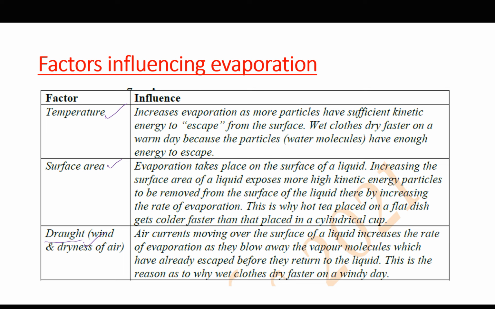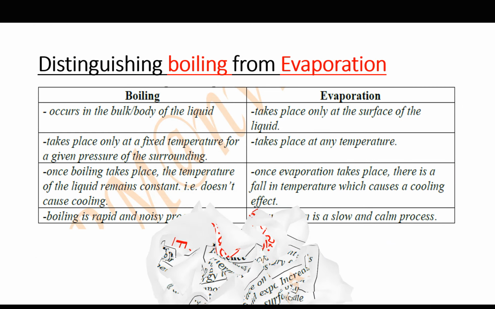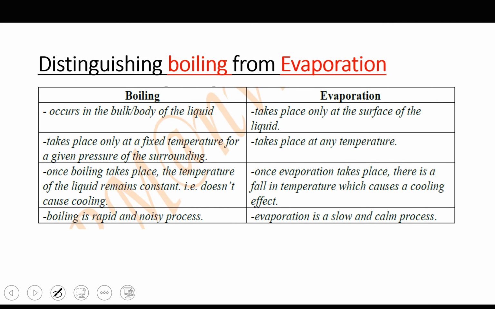Okay, so we have seen evaporation occurs at any temperature, and we mentioned that boiling or melting occurs at a fixed temperature. Let's have a summary of the difference between boiling and evaporation. One, if you have ever boiled water, you will realize that boiling occurs in the bulk of the whole liquid, but evaporation takes place only at the surface of the liquid.